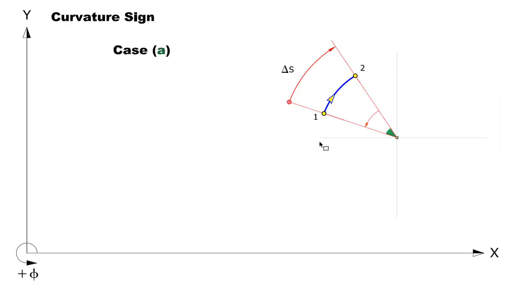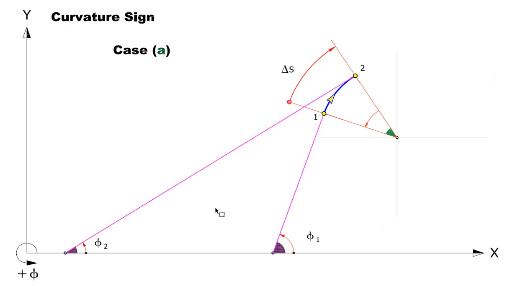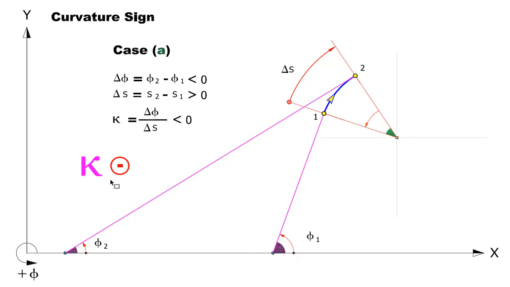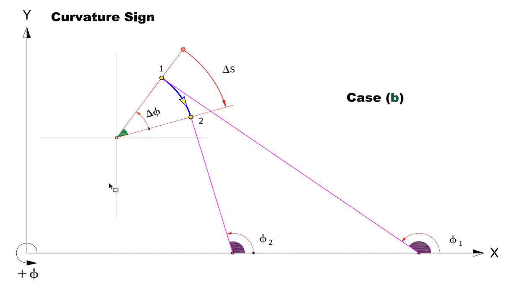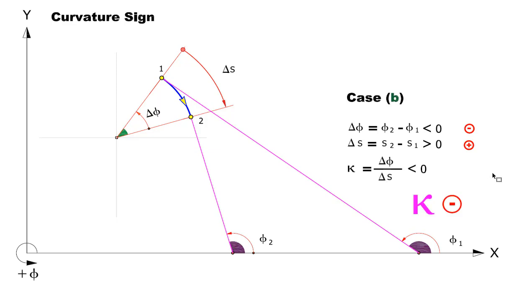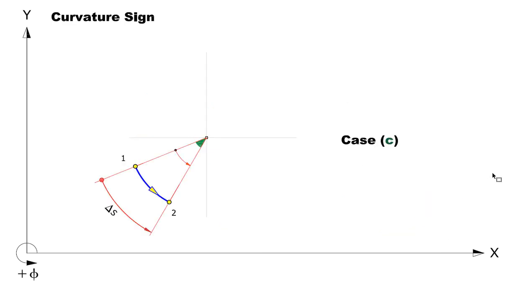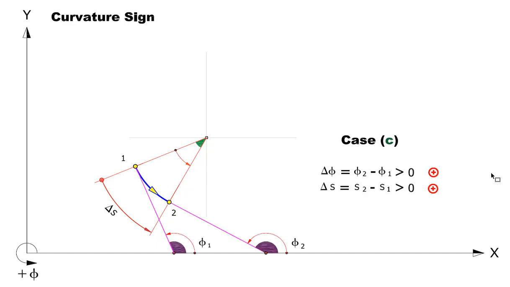For case A, we find that phi 2 minus phi 1 is negative, so kappa is negative. For case B, we find that phi 2 minus phi 1 is also negative, so kappa is negative. For case C, phi 2 minus phi 1 is positive, so kappa is positive.